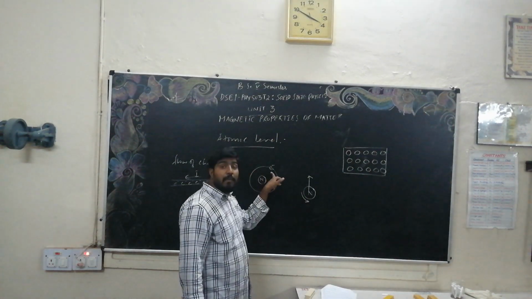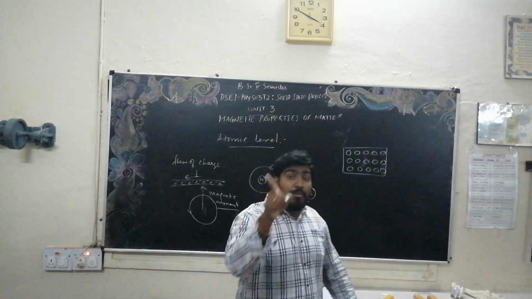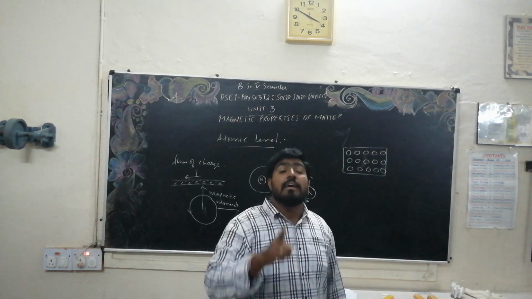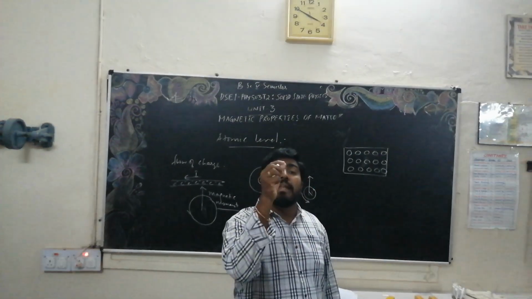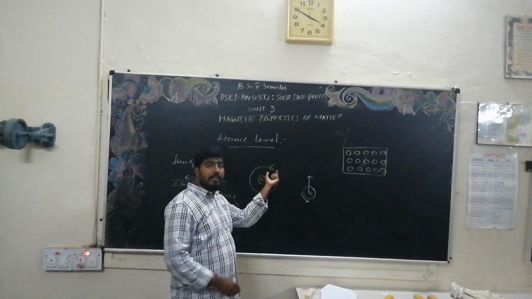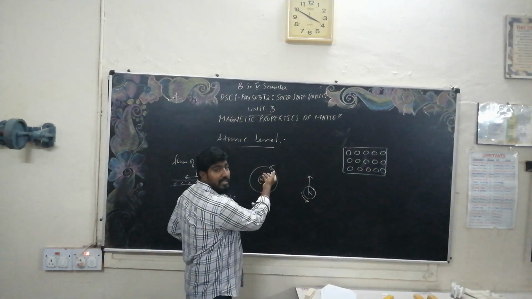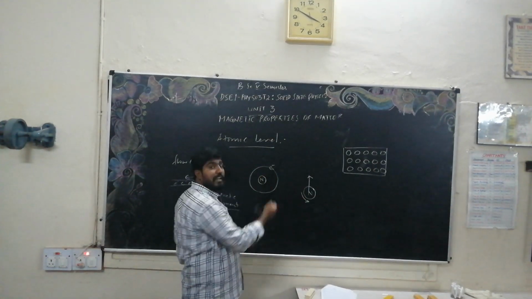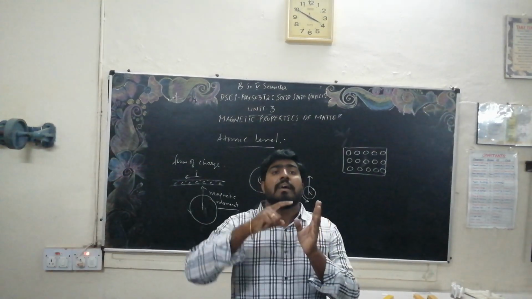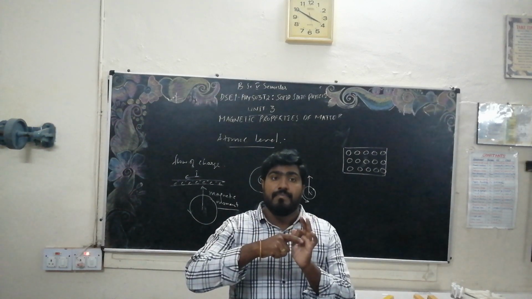Now coming to the electron. The electron will revolve around the nucleus, as well as start spinning on its own axis. Not only that, along with that it will spin. That means the electron has both the spin angular momentum as well as the orbital angular momentum.